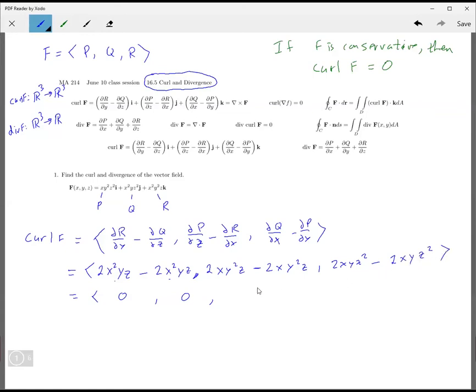Well, that's also 0. So the curl is 0. What does that mean? It means that this is a conservative vector field. So that means that F is the gradient of some potential function.